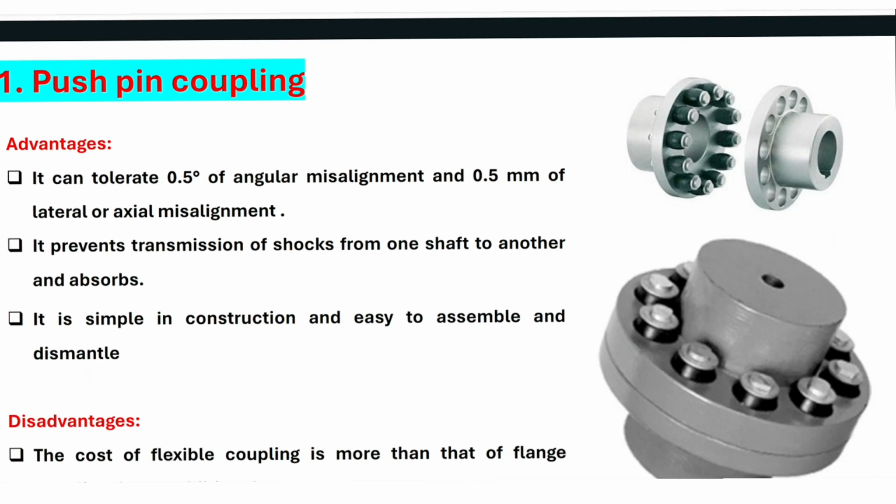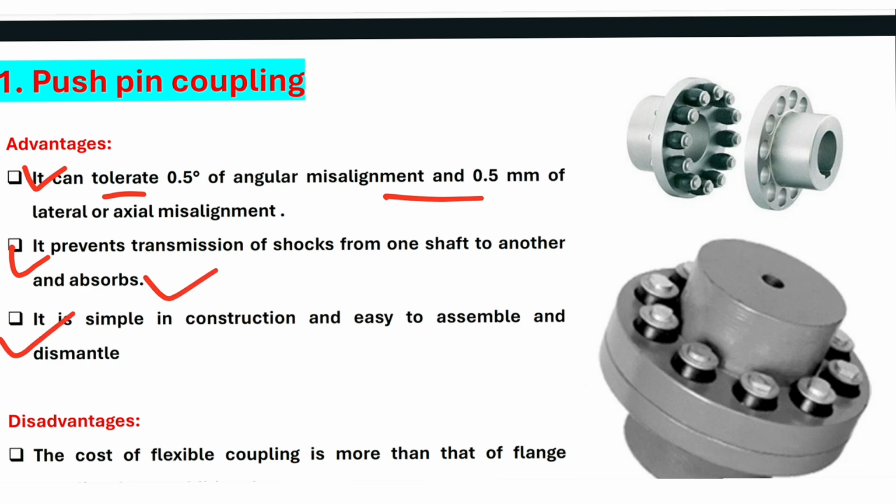Next, bush pin coupling. What is bush pin coupling? Advantage of bush pin coupling: it can tolerate 0.5 degree of angular misalignment and 0.5 mm of lateral or axial misalignment. Second, it prevents transmission of shock from one shaft to another and absorbs it.